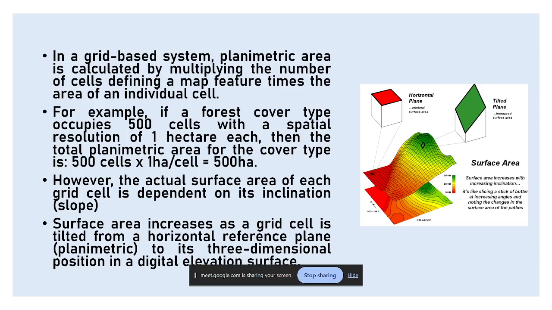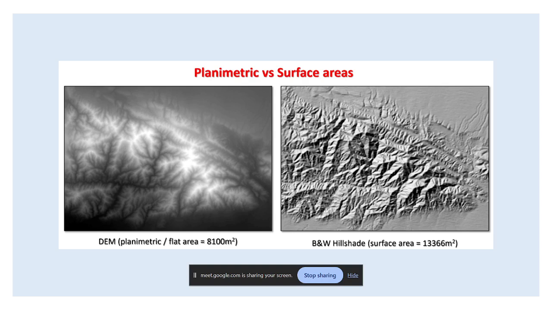So surface area increases as the grid cell is tilted from a horizontal reference plane to its three-dimensional digital elevation surface. This is a good differentiation for the planimetric versus the surface areas. So we have a DEM of a planimetric or flat area of 8,100 meters square.